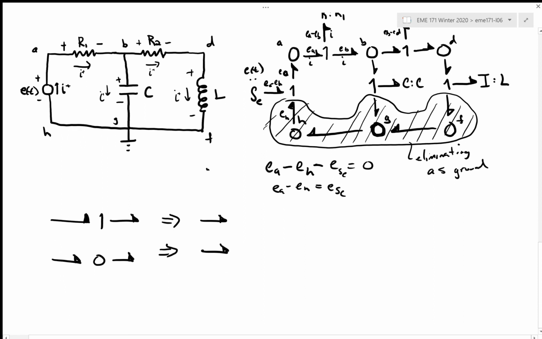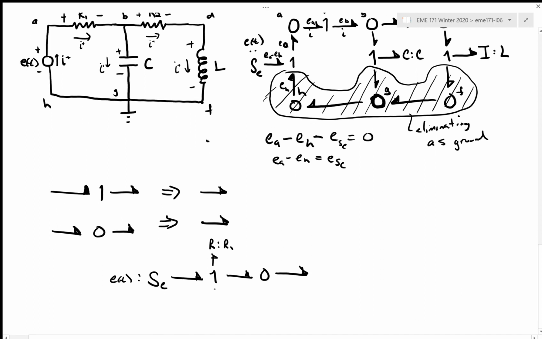So to finalize this bond graph, I can write SE, and this is going to go then straight to the 1, right? I'll have my R1, and then I need to retain this 0 junction because it has 3, but I can get rid of the 1 junction between the B node and the capacitance for simplification.